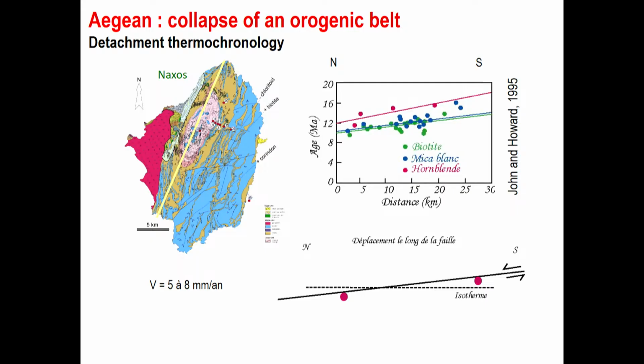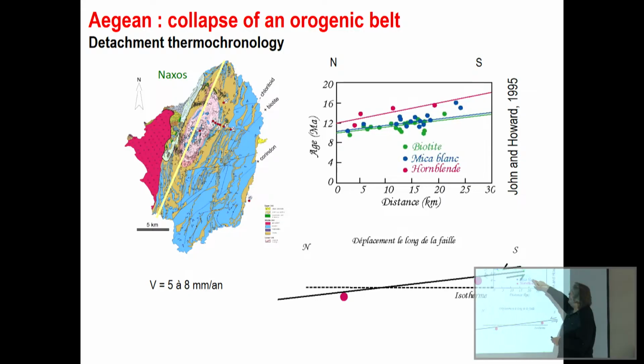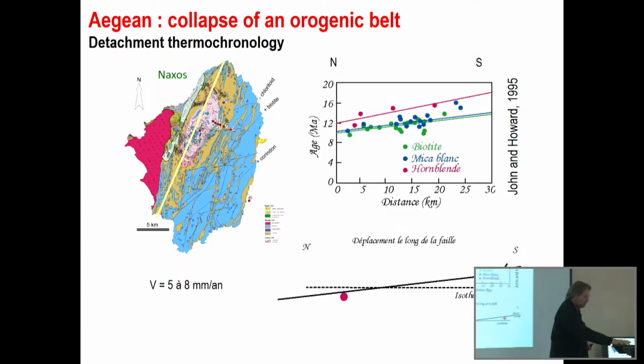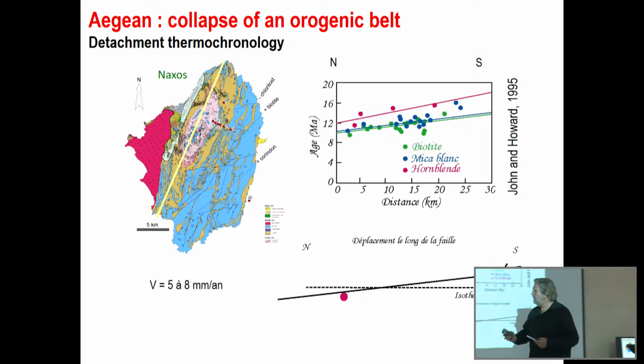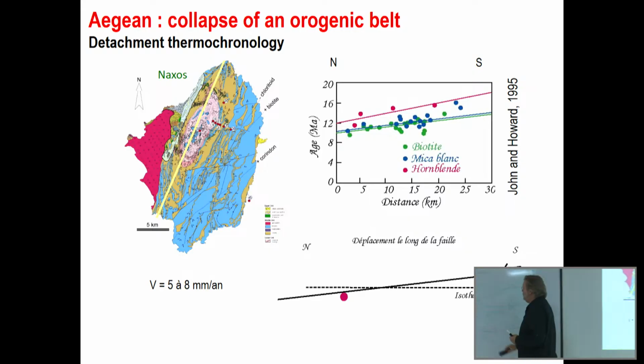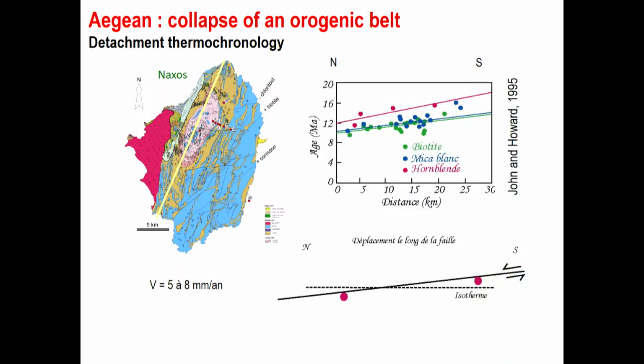And this has been done on biotite, white mica, and hornblende using argon-argon. That allows building the temperature-time history. I reached that with the Western Alps, but I didn't tell you much of the details.